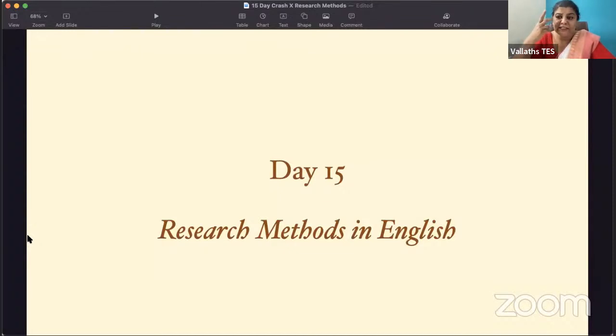There is the second, research methods in English. When you talk about research aptitude for paper 1, there you have to talk a lot about quantitative and qualitative research methods, variables, sampling. All that is not so important in research methods in English. Okay, so today I'm not going into that.